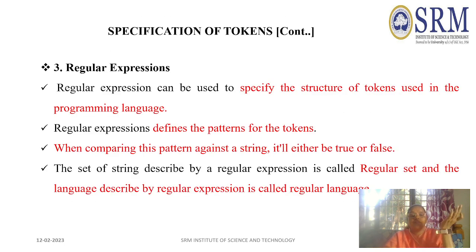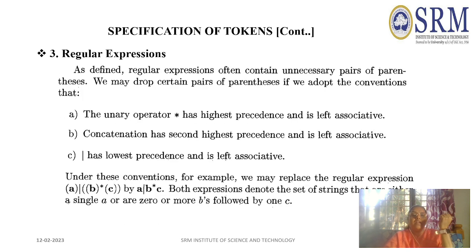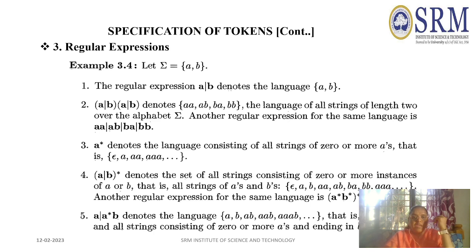And the third topic is regular expressions. So under regular expressions, we have seen about the basis rules for the regular expression, induction method, and then the priority, precedence we have seen, followed by the example for writing the closures, positive or Kleene closure, everything we have seen.